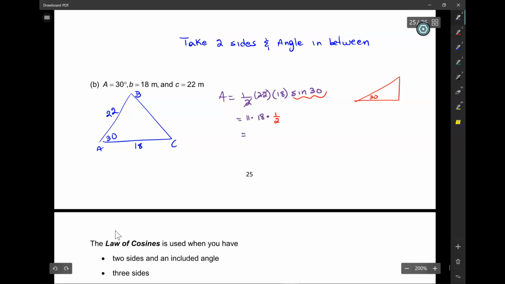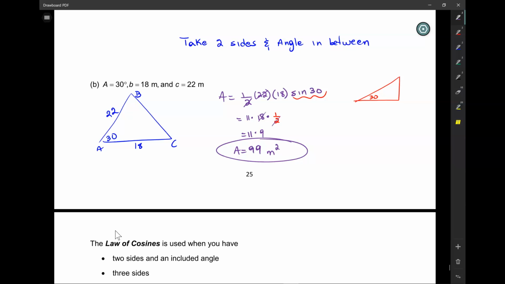So now look, it's 11 times, can I take 1/2 of 18 like this? What does that give me? 9. So what's the area here? 99. 99 square meters. So see, you don't always need your calculator. So you can do this if you were stranded on some island and you had to find the area of this triangle. You could totally find the area of this triangle if you had to.